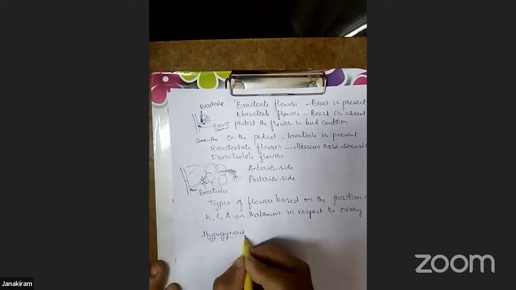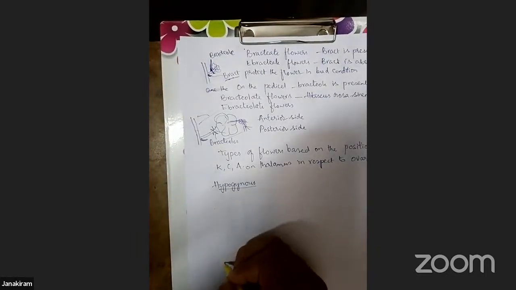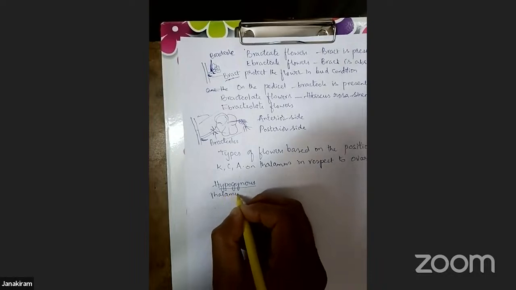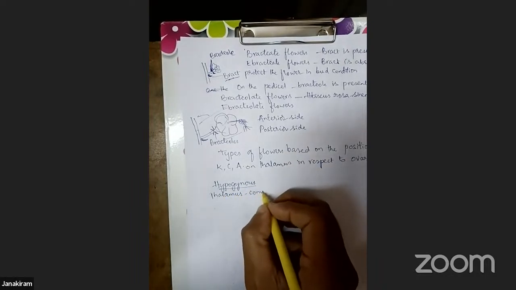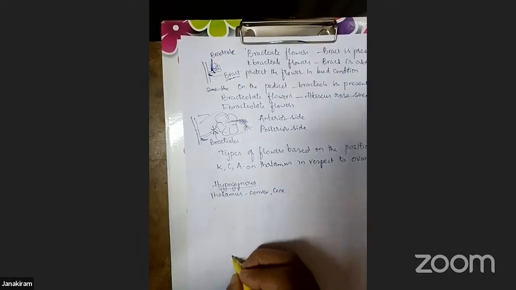hypogynous. In the hypogynous flowers, the thalamus is convex or cone shaped. This is the pedicel.